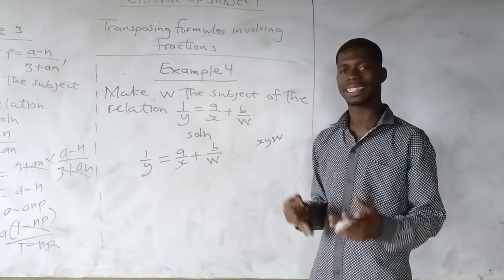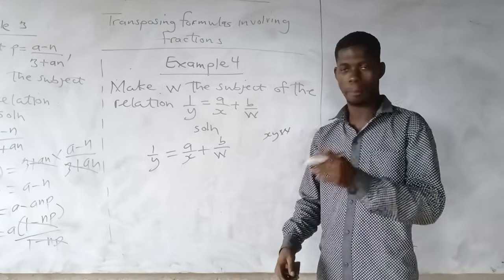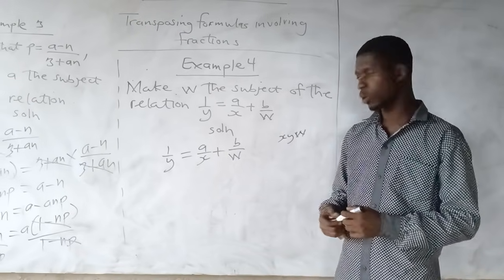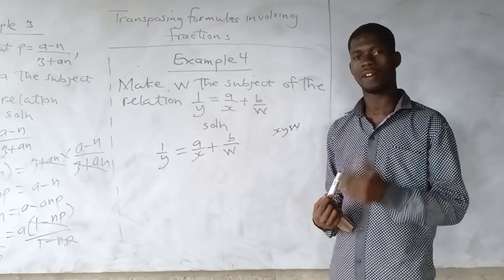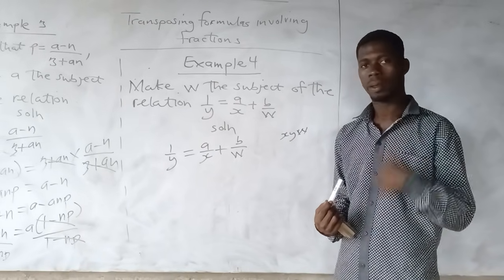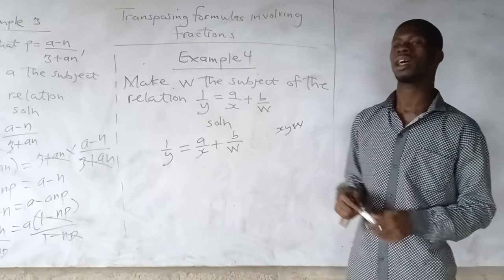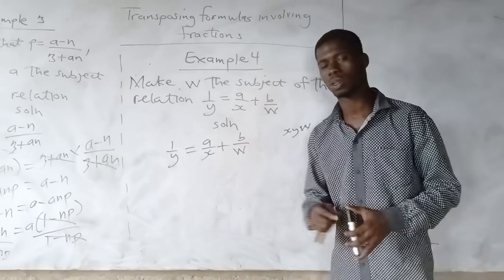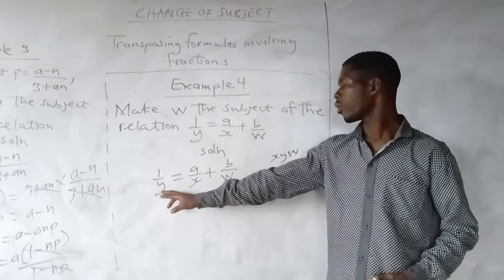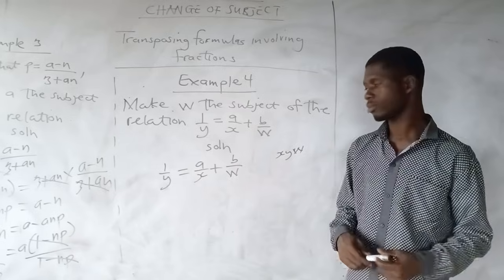Whilst you are writing the LCM, make sure that you arrange the letters in alphabetical order, A, B, C. So this one too: X, Y, W. The alphabet which comes first should start. So you get X, Y, W as the LCM.